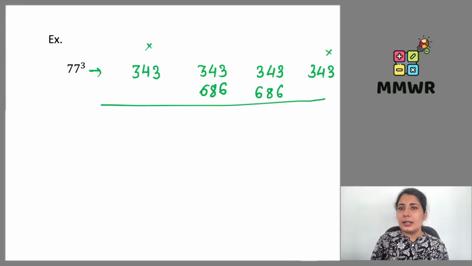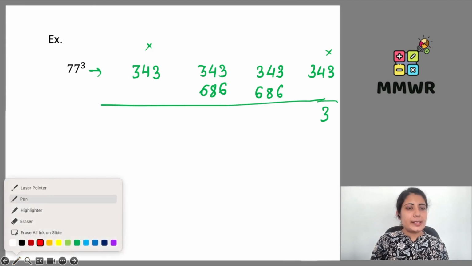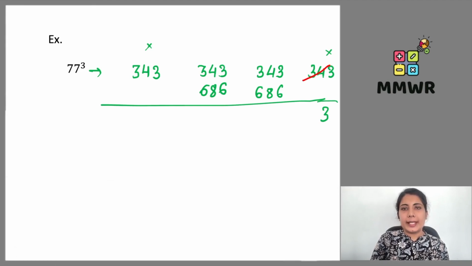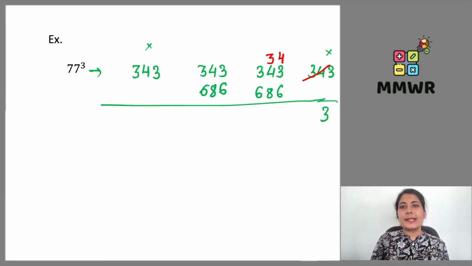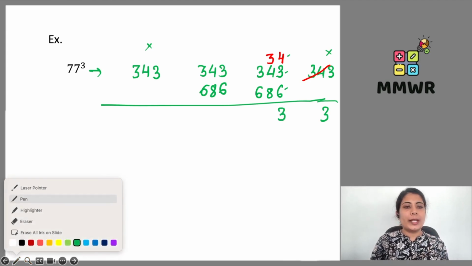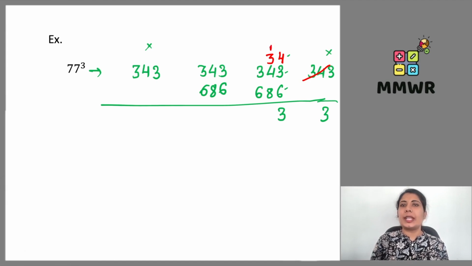Let's quickly add it, which is going to give me 3 here from the last column, and this 34 I will carry forward to the next column by writing it into this way. Okay. Now 4 plus 3 plus 6. 6 plus 4, 10. 10 plus 3 is 13. So carry over 1 I will be transferring to the next column.